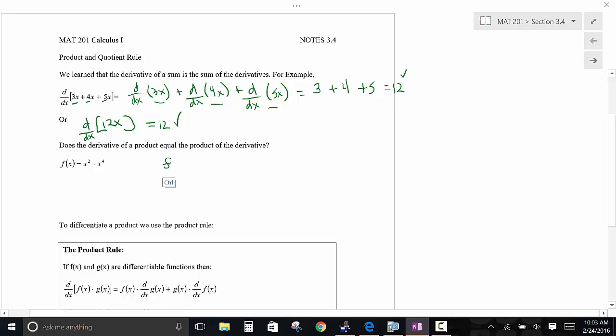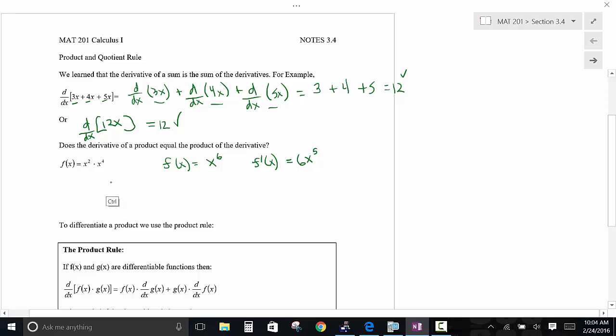First of all, kind of like we did here, collect the like terms. If you collect the like terms here and got 12x, the derivative was 12. So if you multiply those two things out, what do you get? x to the 6th, because you add exponents. Now, what is the derivative of x to the 6th? 6x to the 5th, good, 6x to the 5th, like that.